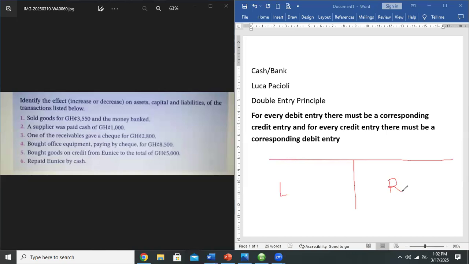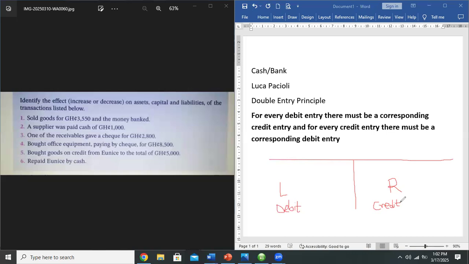So this side is called the debit. And then the right side, he called the credit. So I believe professors are noting something now. Okay, so the left side debit, right side credit.